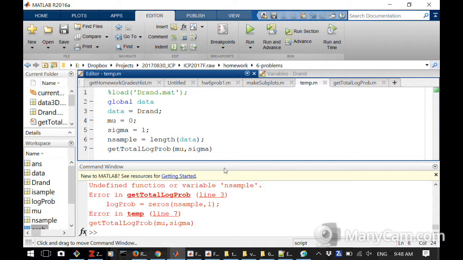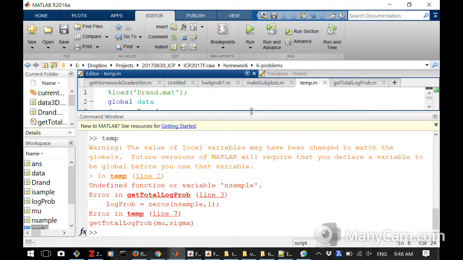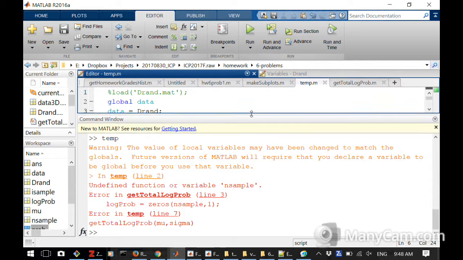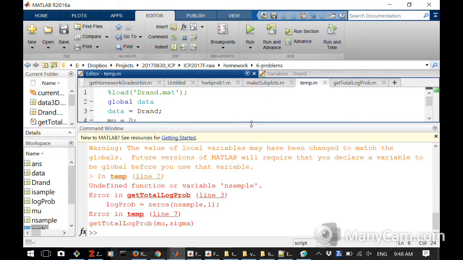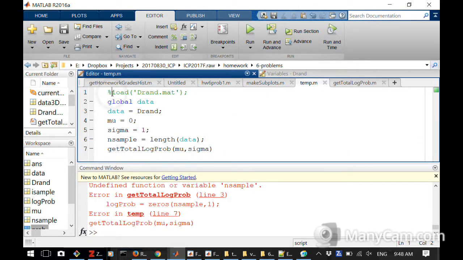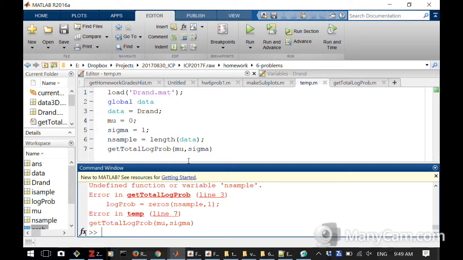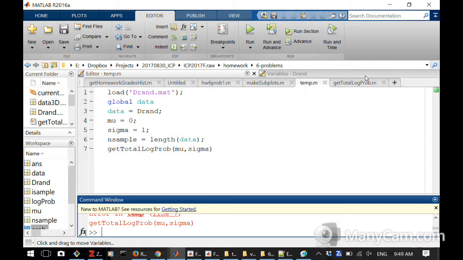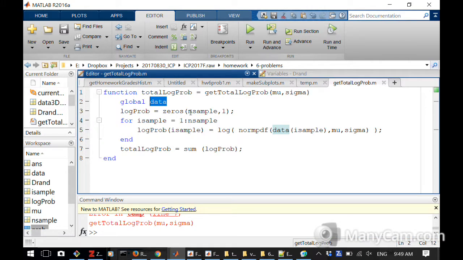What happened? There's a lot of errors. The value of local variables might have changed to match the globals. Oh, there's another problem, friends. What is it? N sample is not defined inside of the function.